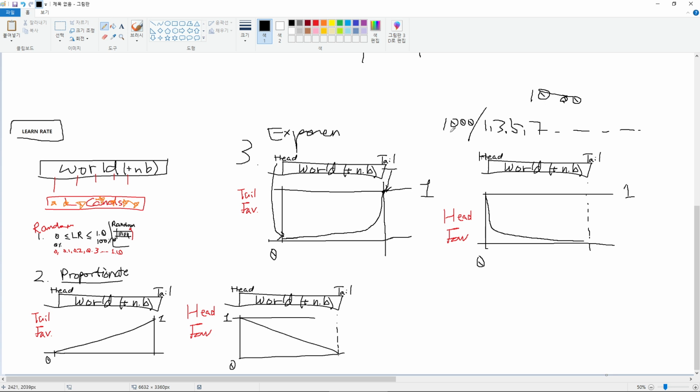If I divide 1000 by 1, I get 1000. But I need to also convert this 1000 into a 1. If I divide 1000 by 3, that's going to be 333.3333. And then next is 1000 divided by 5, which gives us 200.